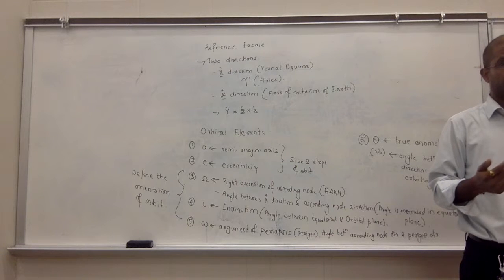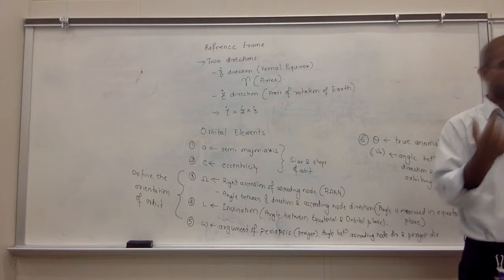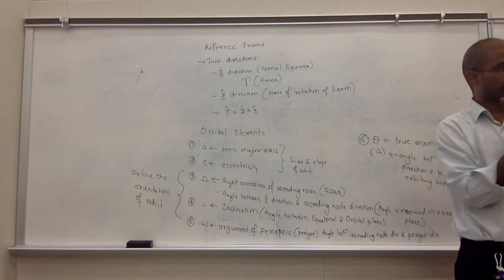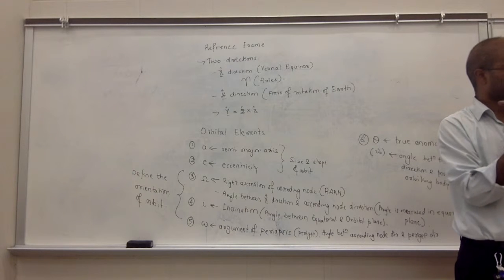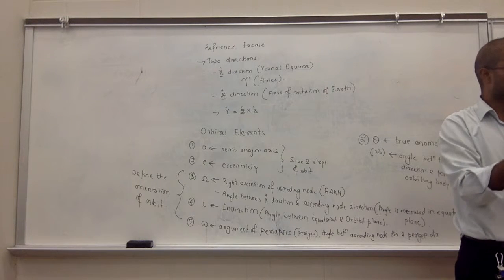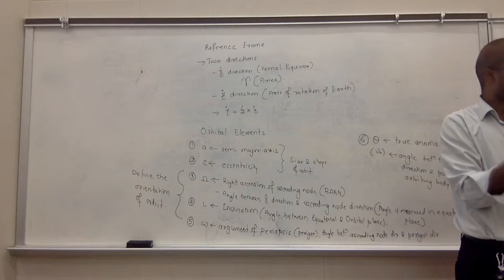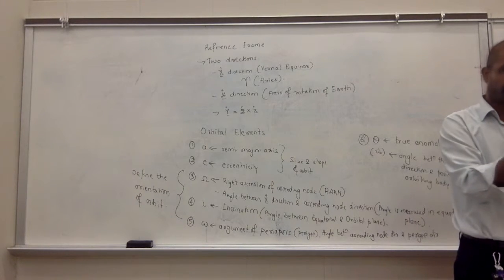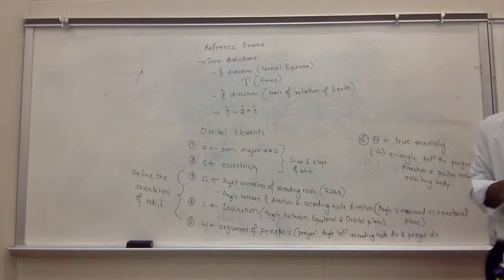It moves at the same rate. What is the period of Earth's rotation? It's 24 hours, right? So if something is moving at 24 hours, it will be geosynchronous because the time periods are synchronized. Geostationary, it is moving at the same time plus it is always there. The relative position does not change.